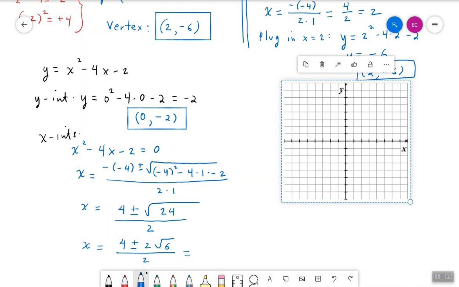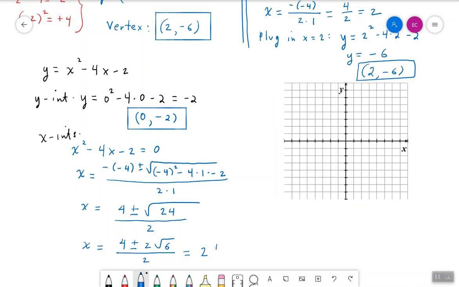So 4 divided by 2 is 2. And then the 2 root 6 divided by 2 is just root 6. So those are good answers.